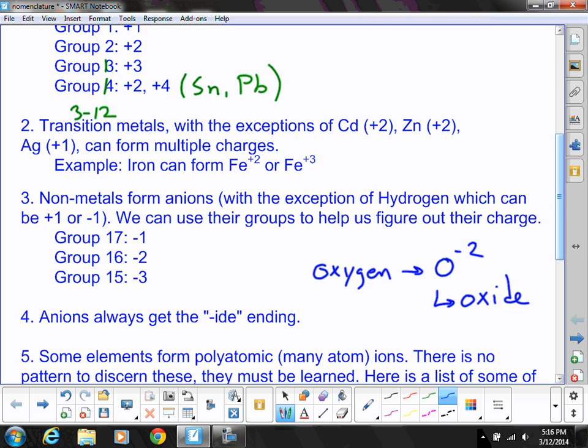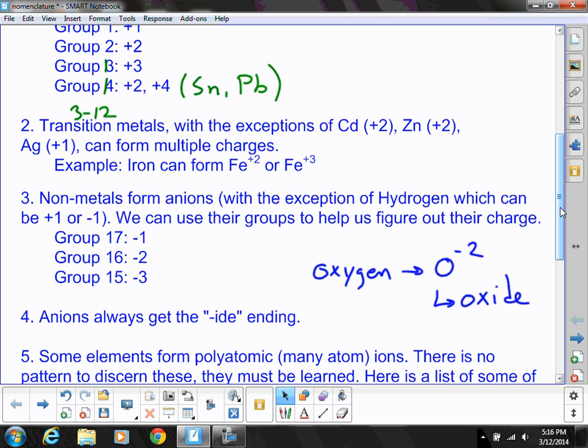Now, question always comes up, how do you know how much of the ending of an element's name to change? What I always tell students is say the name to yourself, and if it sounds silly, it's probably wrong. I know that's a really bad rule to go by, but for instance, for oxygen, let's say we don't change anything, we just add IDE to the end, it would be oxygenide.